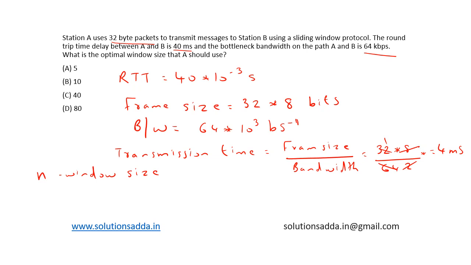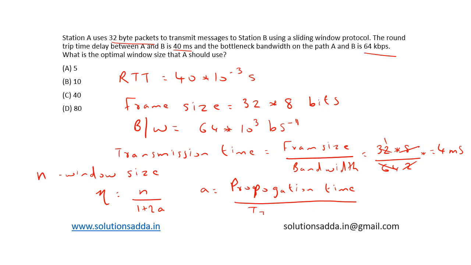Now utilization eta is equal to n by (1 + 2a), where a is equal to propagation time divided by transmission time. Let's denote transmission time as Tt.